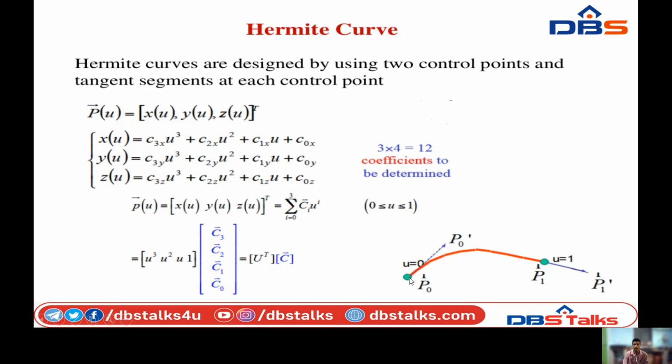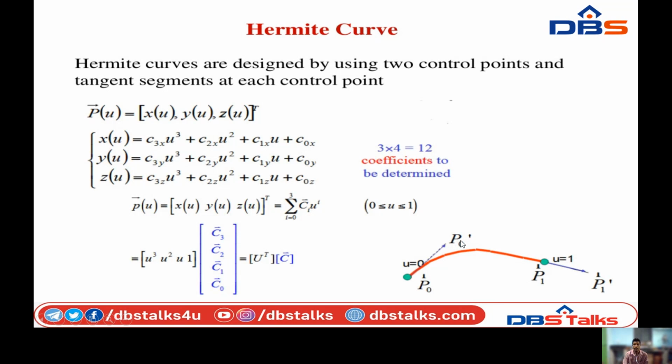One is at the initial point u equal to 0, control point P0, and the second one is at u equal to 1, control point P1. One tangent line starts from P0, that will be P0 dash. That one is the tangent line.